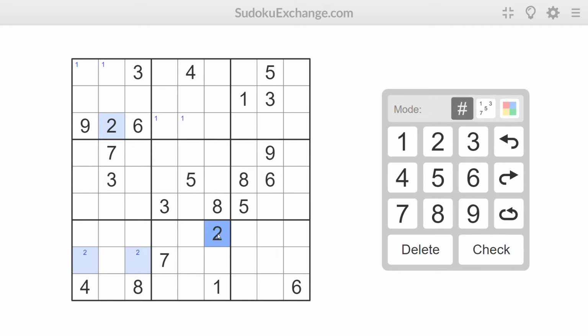Since 2 sees these three cells in this row, and these two candidates see this row, these cells are taken up, and 2 cannot come in any of these cells. So we can put candidate 2 here.